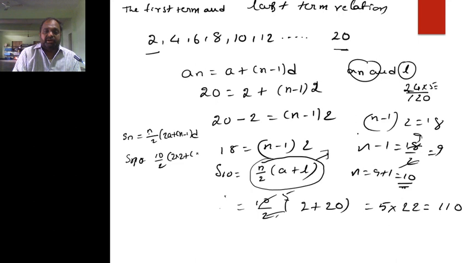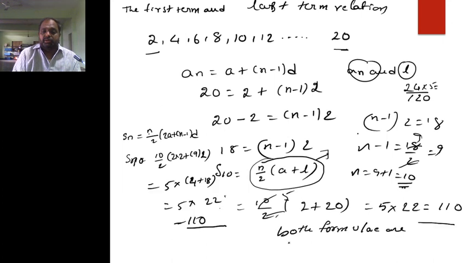That is equal to 5 into 4 plus 18. That is equal to 5 into 22. That is equal to 110. Both formulas are used to find the sum of n terms. Okay.